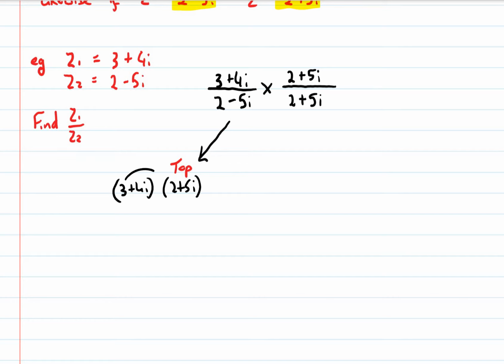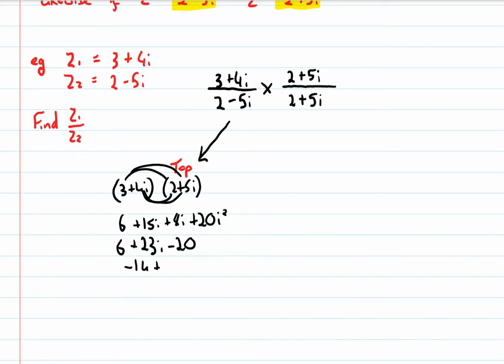So 3 by 2 is 6. 3 by plus 5i plus 15i. 4i by 2 plus 8i. 4i by 5i plus 20i squared, which will give me 6 plus 23i minus 20, which will be minus 14 plus 23i. So there is the top.